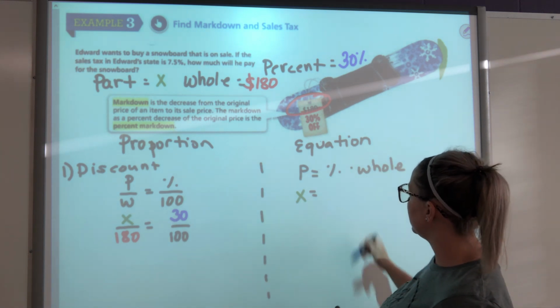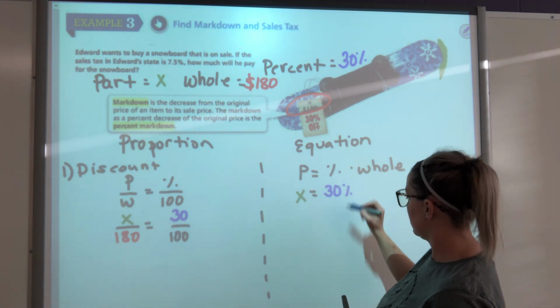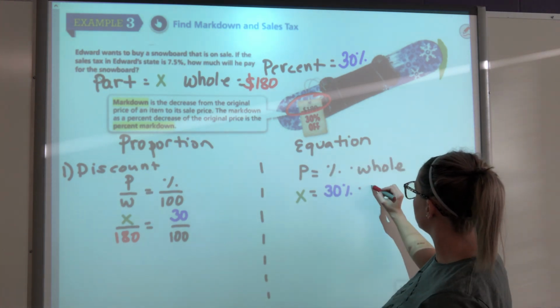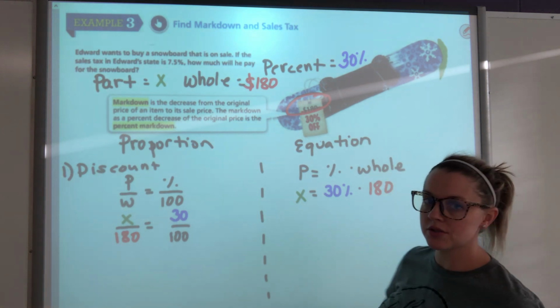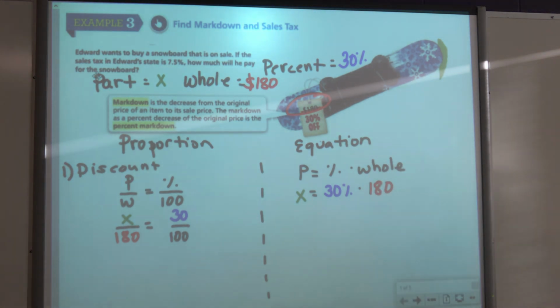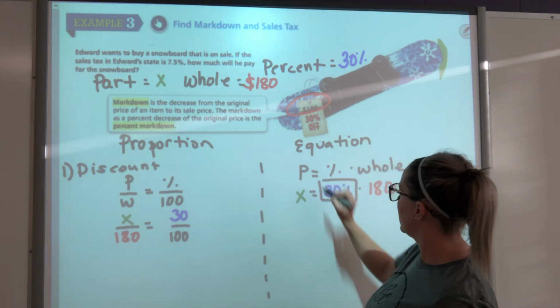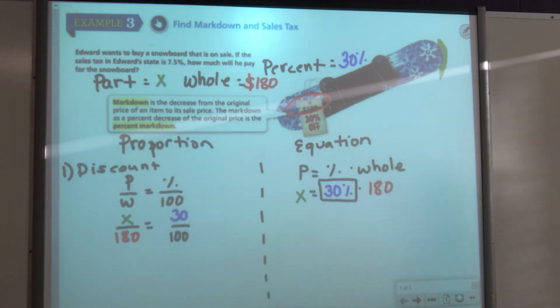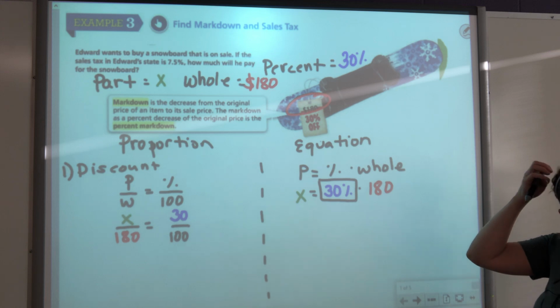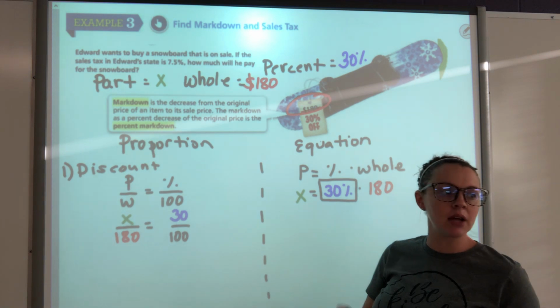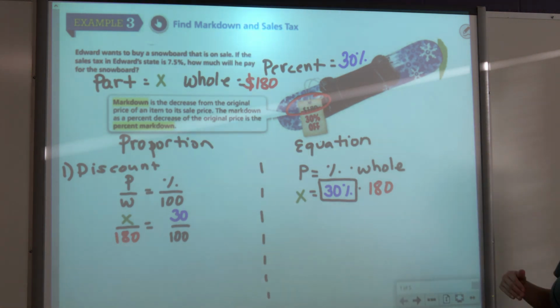Our percent is 30. We multiply that times our whole, which is the original cost. Don't forget, you have to turn this into a decimal before you can multiply. So take some time right now. The substitute in the room might want to pause right now so he or she can give the kids some time to solve the problem.